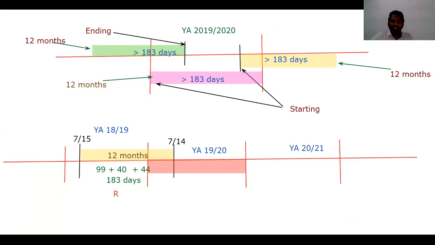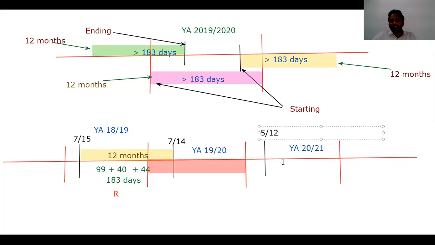Then May 12 is somewhere here. I will just take it as random, somewhere here as May 20, May 12. Then I will word it as May 12.